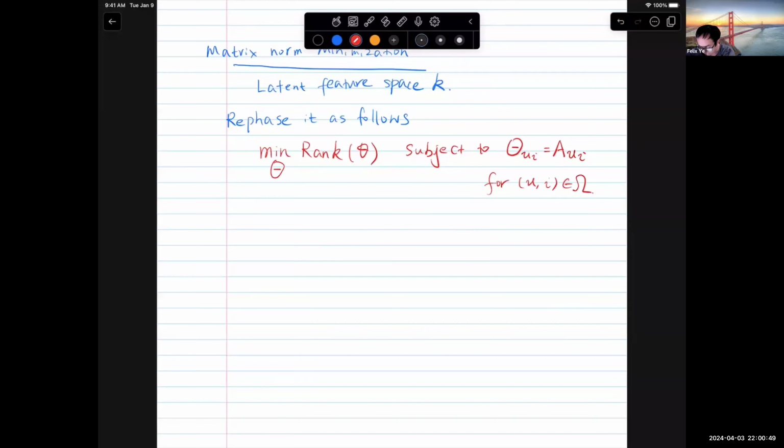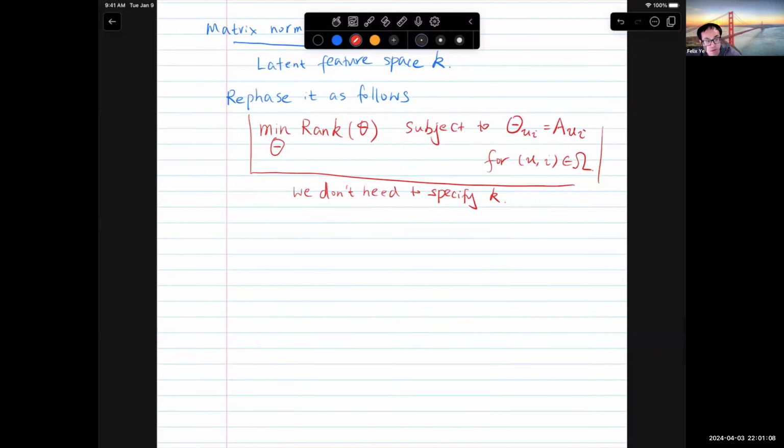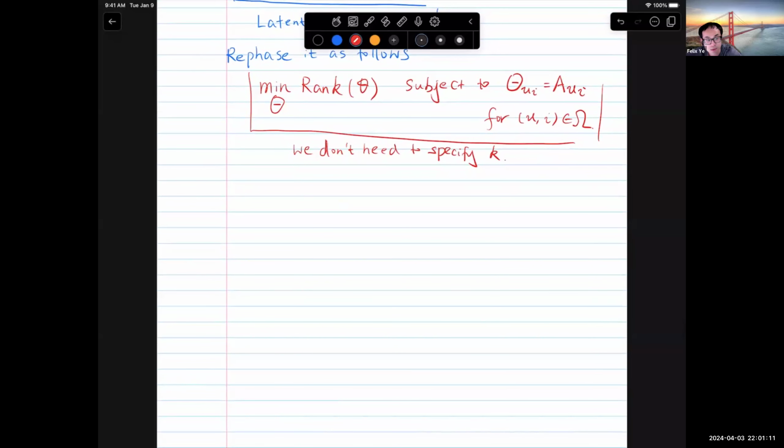All right. With that, the benefit is we don't need to specify the K, which is a good thing, but there are multiple issues, right?